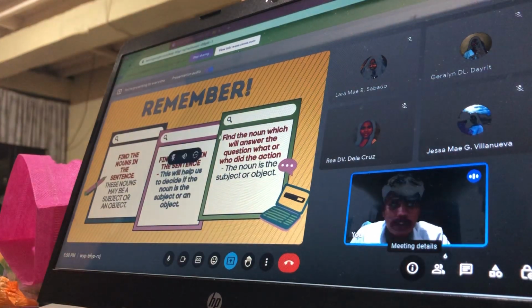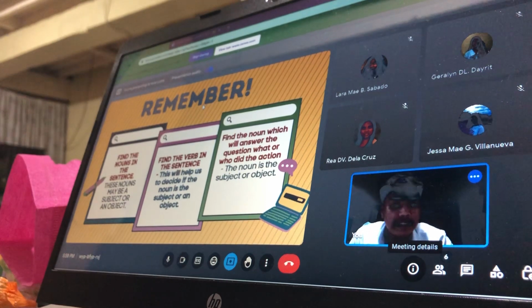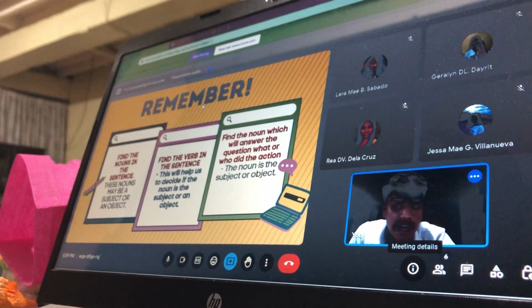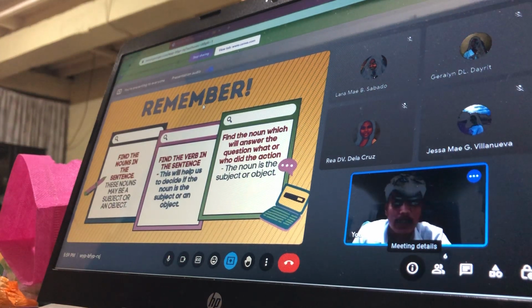Okay? Always remember, in using nouns in a simple sentence, first, we have to find the nouns in the sentence. This may be subject or an object. Second, find the verb. This will help us decide which noun is the subject or the object, because if we look up the verb, we can define what is the subject and what is the object.